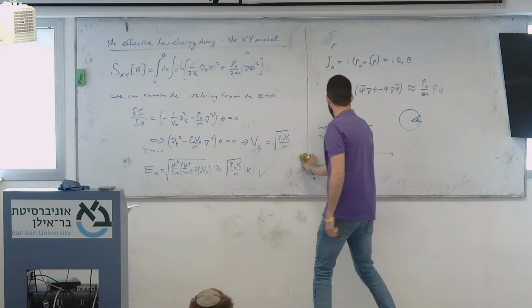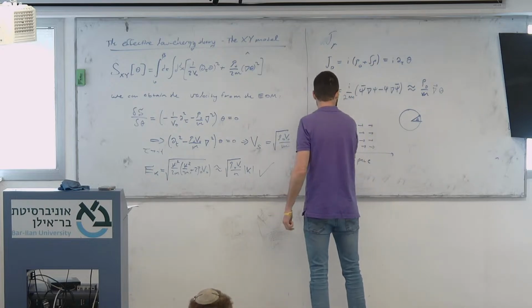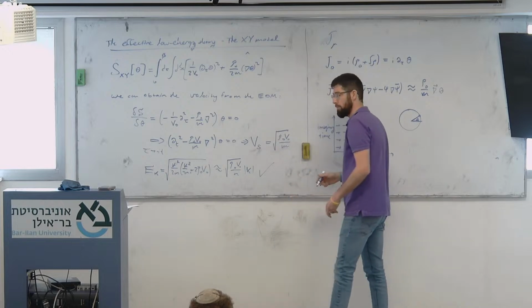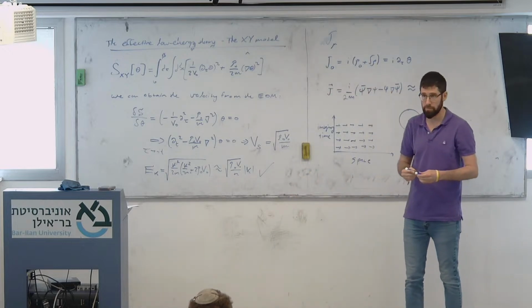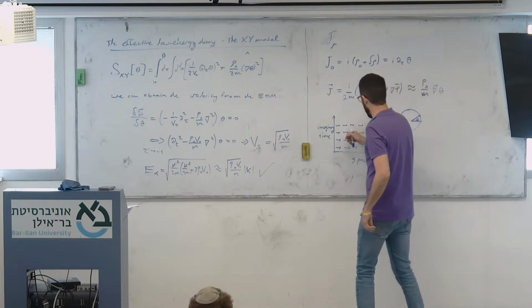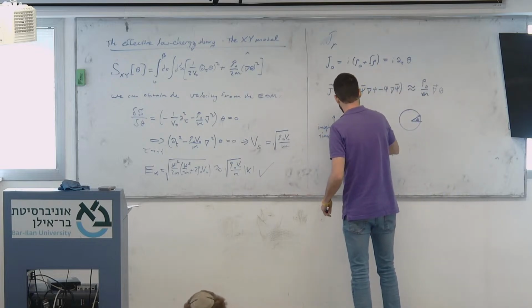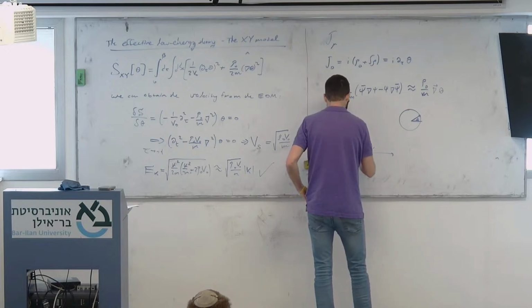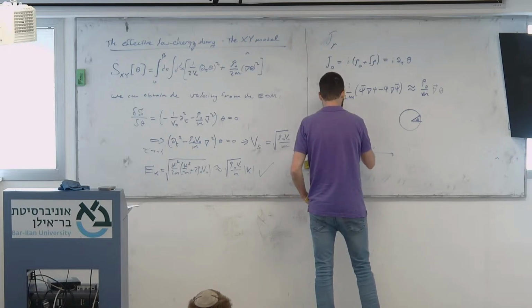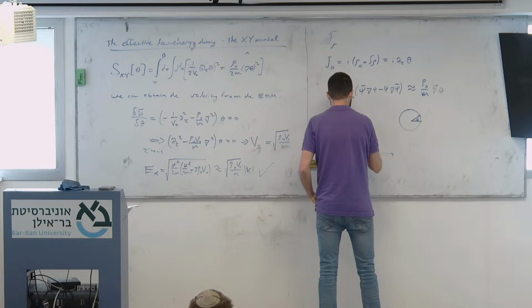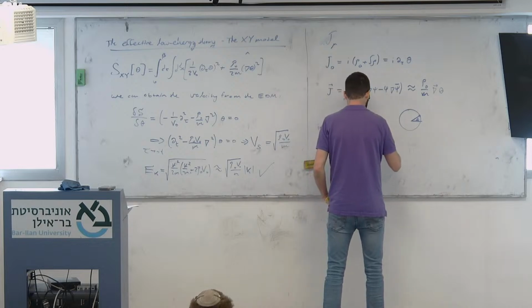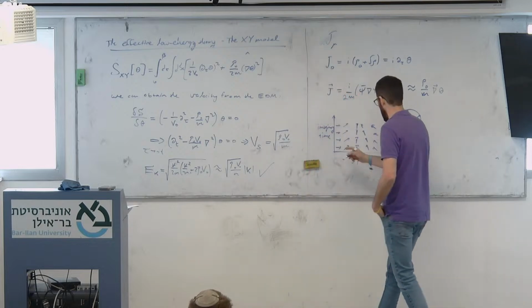Now, what happens if I have the charge being the number of particles? Yes. Now what happens if I now have something like this? What does this imply?